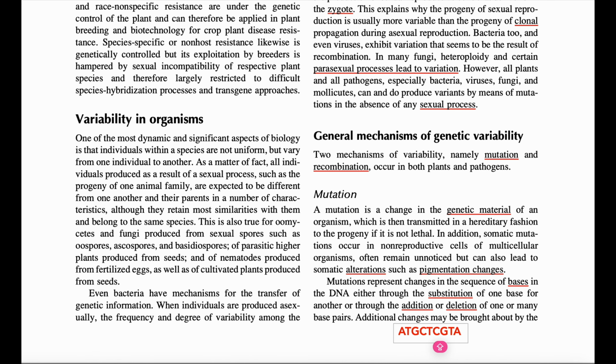So there will be either addition, deletion or substitution. These are the point mutations, right? There are so many types of mutation, like point mutation, frameshift mutation. So these are the types.